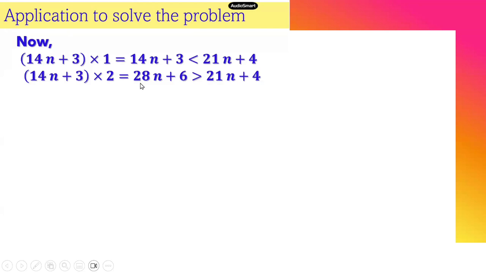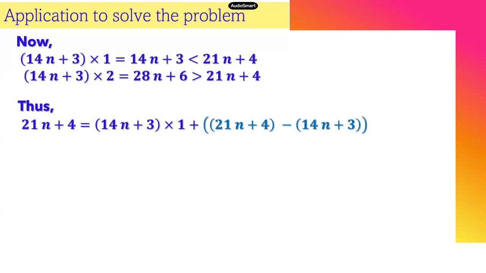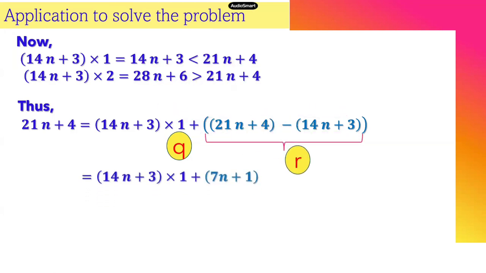But multiplied by 2 we have 28n + 6, which is greater than 21n + 4. So the quotient will be 1. We can write 21n + 4 equals (14n + 3) multiplied by 1 plus a remainder, which is 21n + 4 minus (14n + 3). Simplified, you get (14n + 3) multiplied by 1 plus 7n + 1.